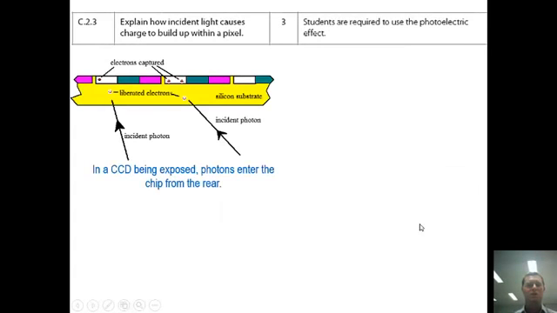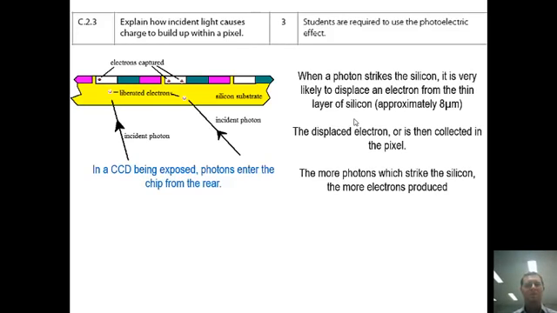How it really works is that when light falls onto the silicon, remember the photoelectric effect? So what happens here is the photon strikes the silicon. It's very likely to displace an electron from the thin layer of silicon, and therefore the displaced electron, as soon as it's displaced, is collected in the pixel.